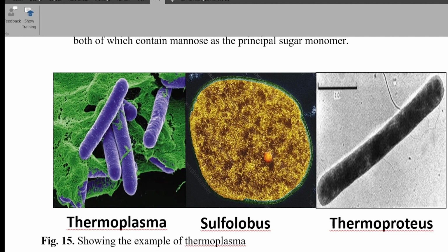This is Sulfolobus, and this other big rod is Thermoproteus. So these three groups of bacteria are very interesting, and they have very unique morphology.